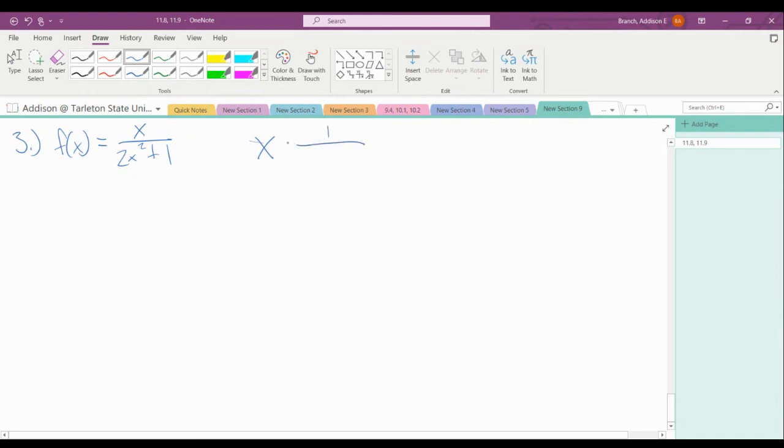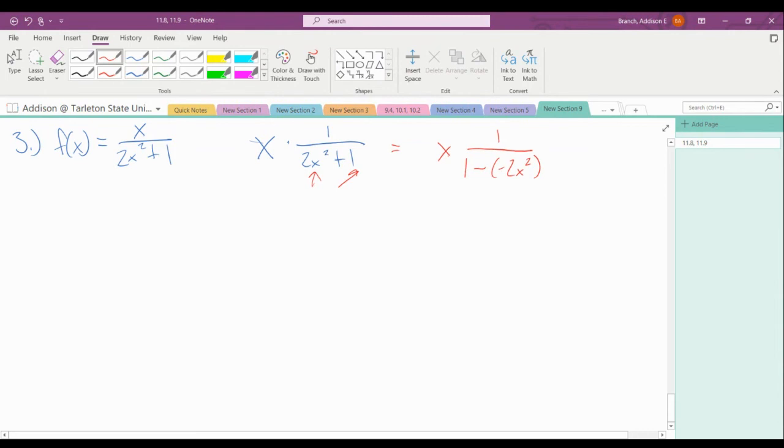So we have x times 1 over 2x squared plus 1. We can see we have our plus 1 right here, which is good, and we have some sort of x, like f of x. We just have to be able to move this around now. So we can say that we have x times 1 over 1 minus negative 2x squared.